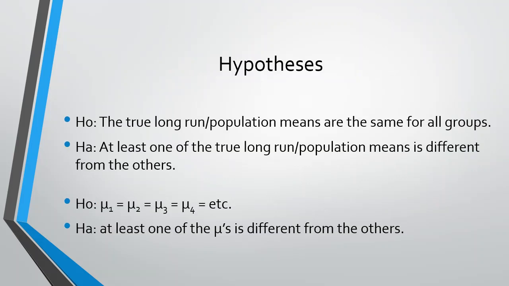The hypotheses are going to be that the true long-run or population means are all the same for all the groups, or that at least one of the true long-run or population means is different from the others. So we're talking about multiple means here: mu1 equals mu2 equals mu3 equals mu4. Either they're all the same, or at least one of the mu's is different from the others.